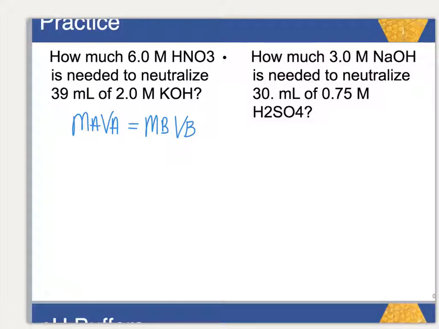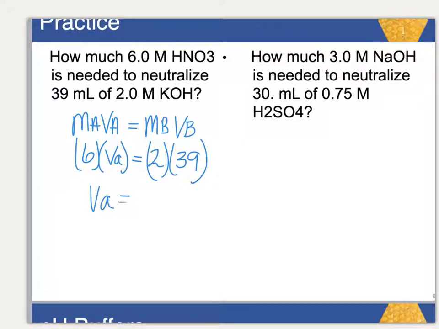The molarity of our acid is 6. We don't know the volume. We know the molarity of the base is 2, and the volume of the base is 39. So solving for Va, we get 13 milliliters.